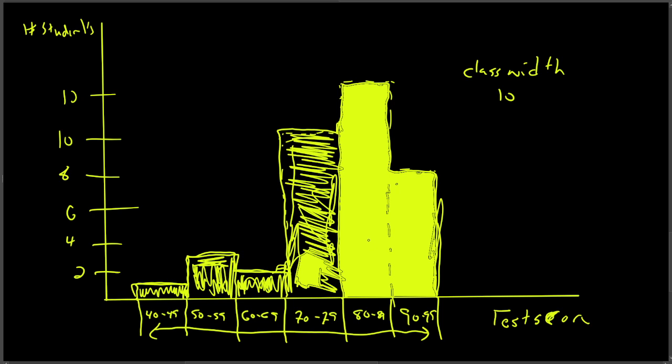Now histograms themselves will sometimes become line graphs, where you can take the point, the midpoint of each value, and connect them with a line.